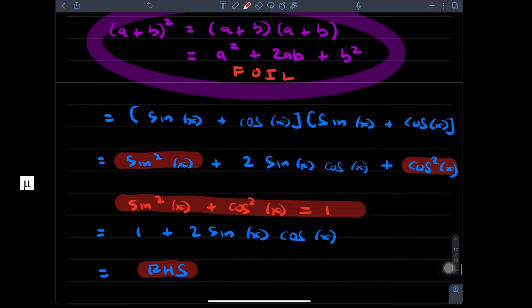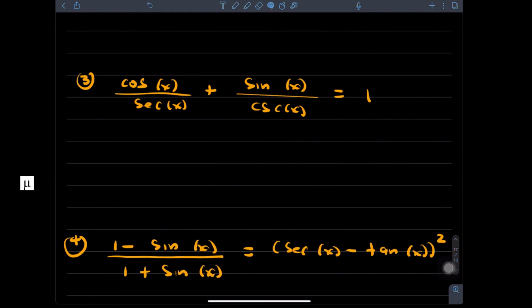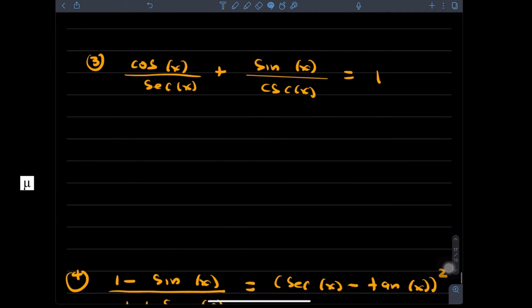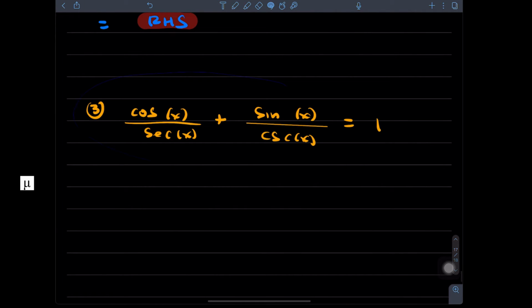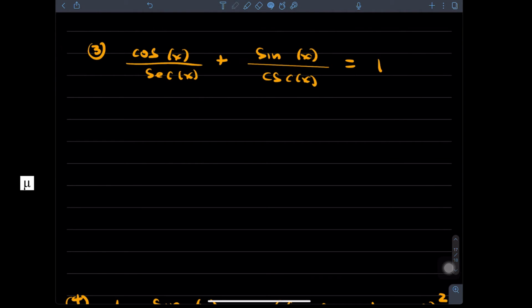Is it okay? So I use a little bit of algebra. And then here you go, oh my gosh, how are they going to show that this equals 1? Again, left-hand side equals right-hand side.